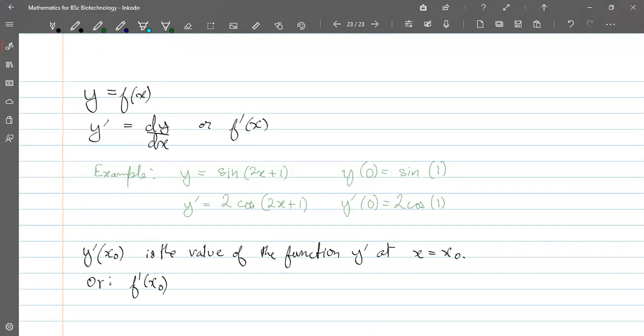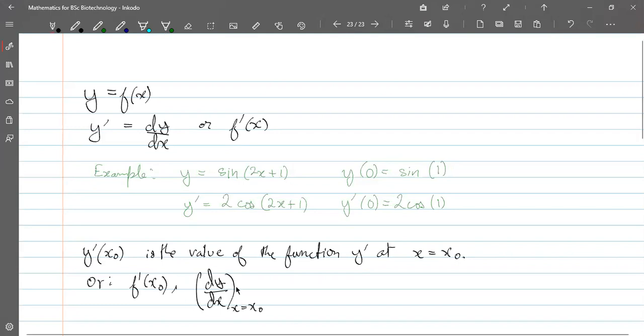Or a different notation, if we are writing dy by dx instead of y dash, we can also write dy by dx at x equal to x naught. So if you see this notation, that means you're finding the derivative and putting x equal to x naught. What is not notation for this is dy by dx naught. Okay, this is not a correct notation for this.